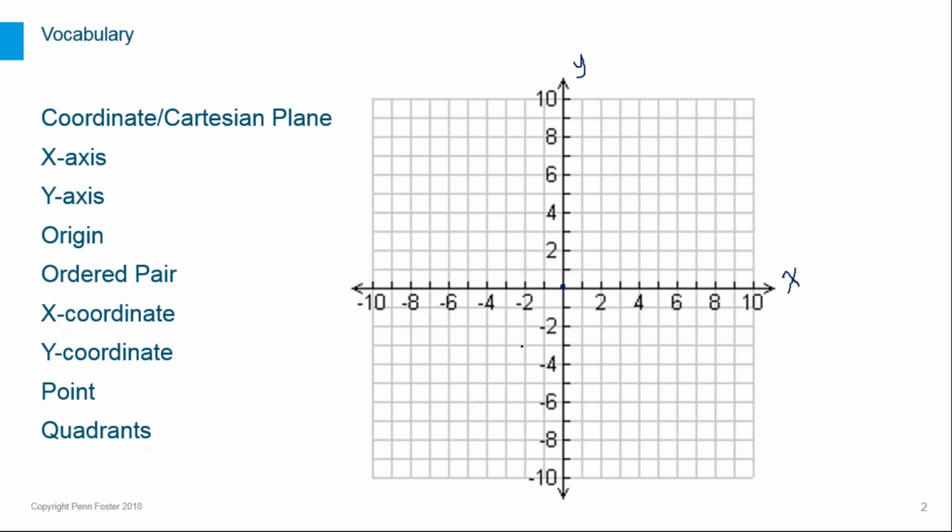The way we label the quadrants is to give them Roman numerals. So quadrant 1, quadrant 2, and then quadrant 3, and the last one is quadrant 4.